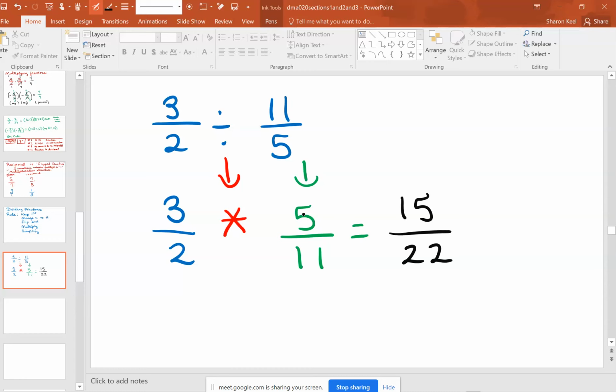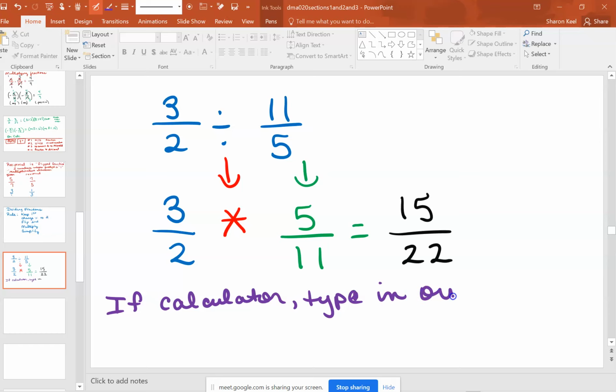Now, if you're going to use your calculator to do this, let me make notes down here. If you're going to use a calculator, I want you to type in the original problem. Do not type in where you did the change and flip, because what if you made a mistake or did something incorrectly? If you always go back to the original.